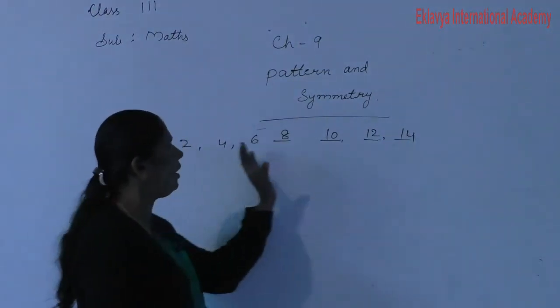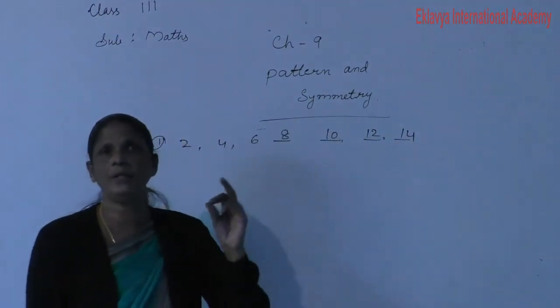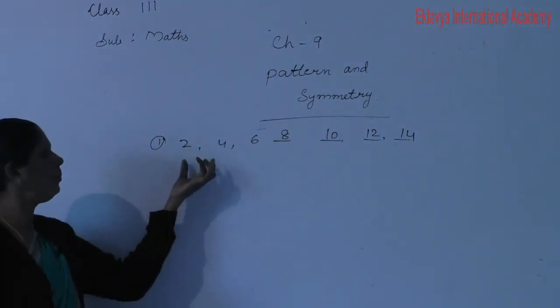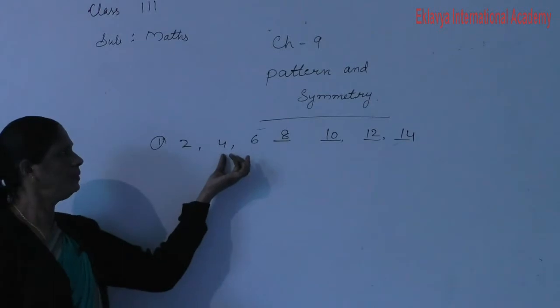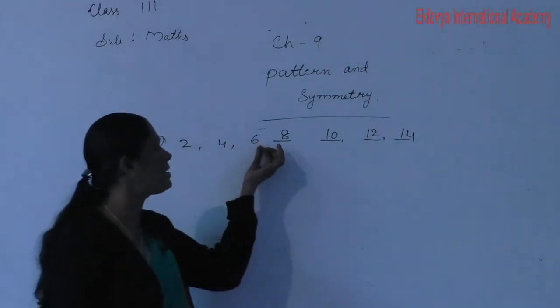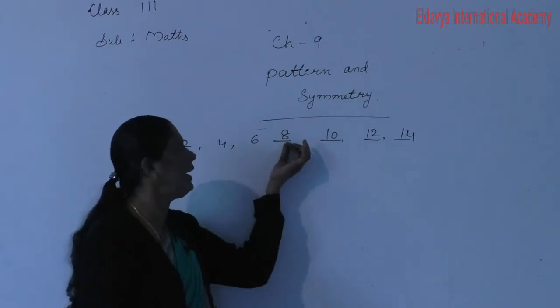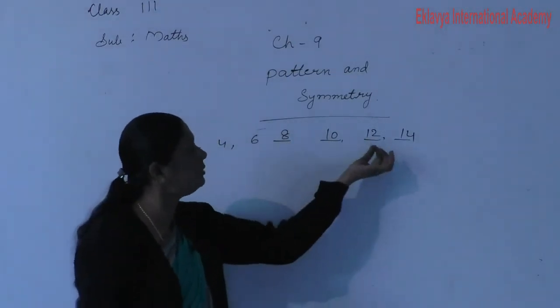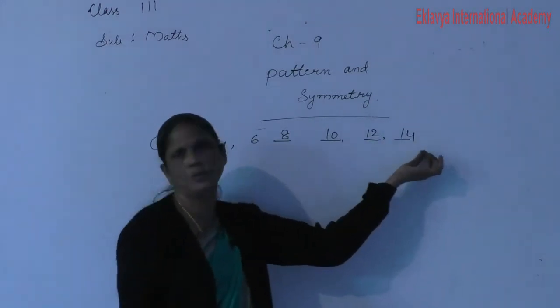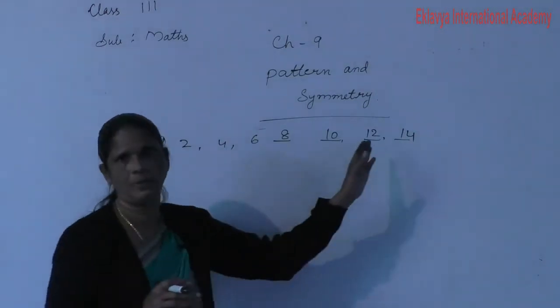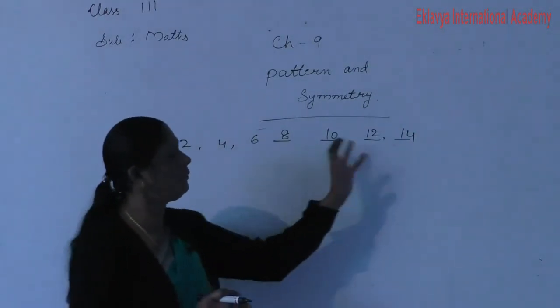Here to all numbers we add 2. 2 plus 2, 4. Then 4 plus 2, 6. Then 6 plus 2, 8. Then 8 plus 2, 10. Here 10 plus 2, 12. 12 plus 2, 14. We added 2 to each number. Okay. This is the first pattern.